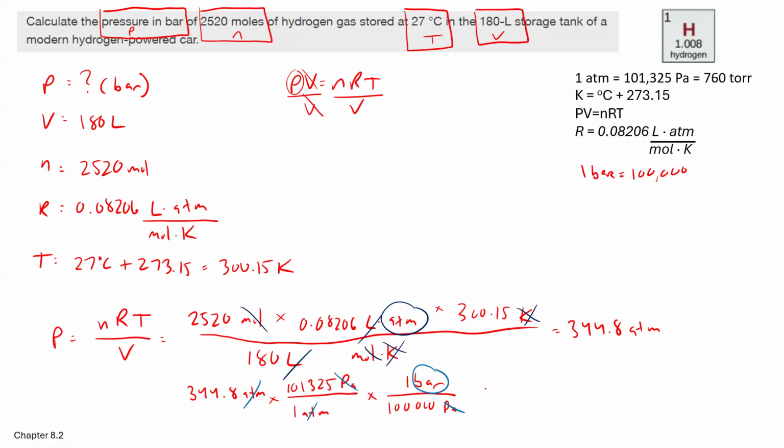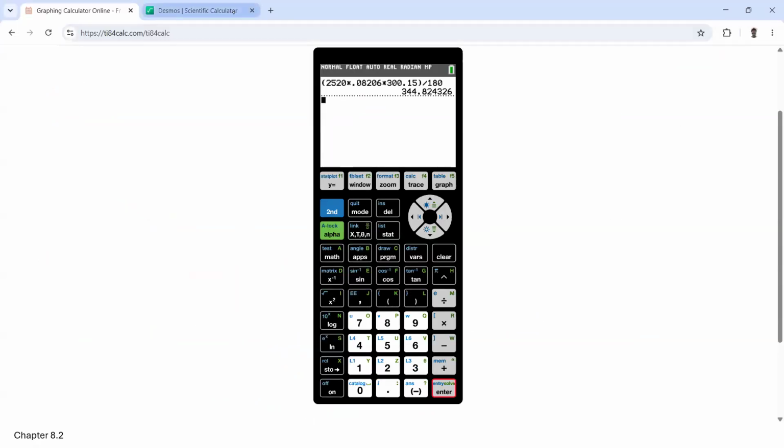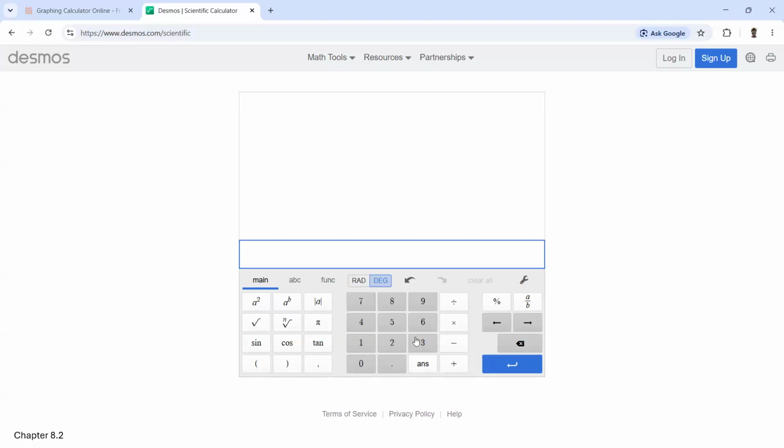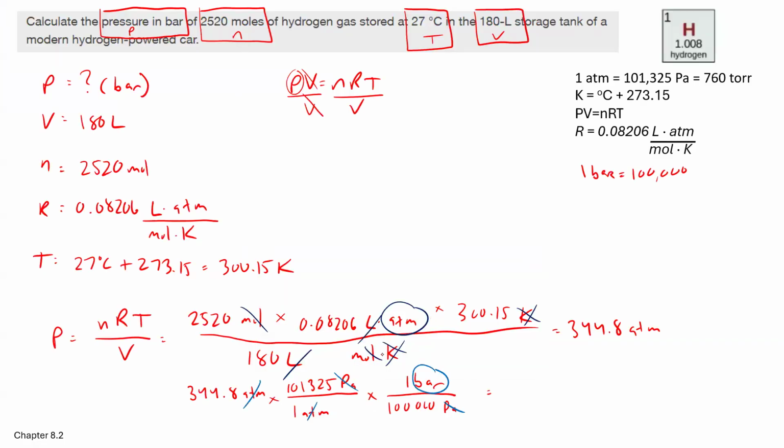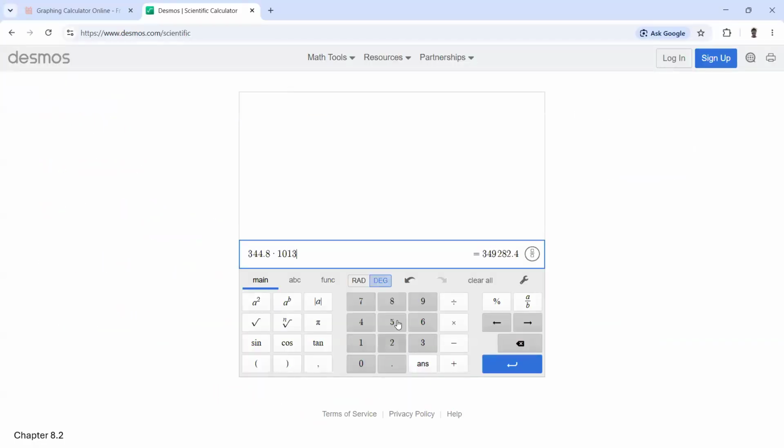So now we have another set of things we have to put into the calculator. Let's check it out. Let's use this one now. It's clear. 344.8 times 101,325 times 1 divided by 100,000.